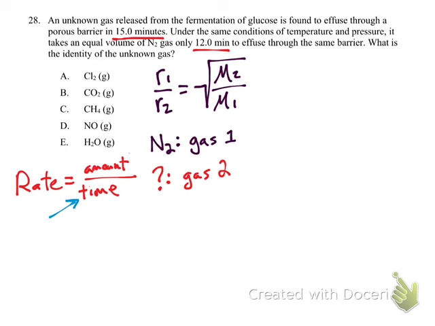So, we're not going to plug in these numbers directly for R1 and R2. We're going to plug in the inverses. So for R1, we're going to plug in the inverse of nitrogen's effusion time, 1 divided by 12 minutes. And it should be noted, it doesn't matter what value we plug in for the amount that goes through, because this is just a ratio that we're setting up here.